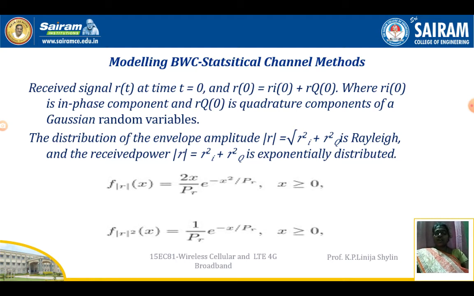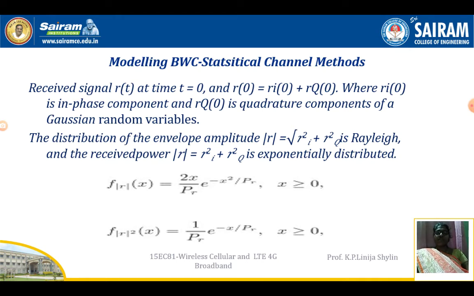These are Gaussian random variables. Now the envelope, that is the amplitude, is represented by modulus of R, which can be written as the square root of R I squared plus R Q squared. That is Rayleigh, and the received power is exponentially distributed.